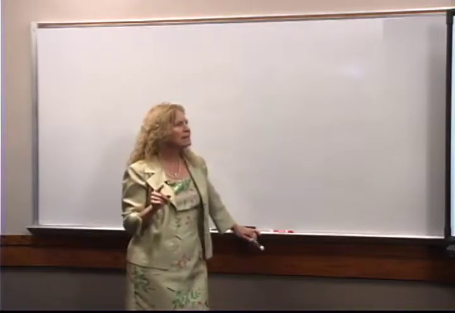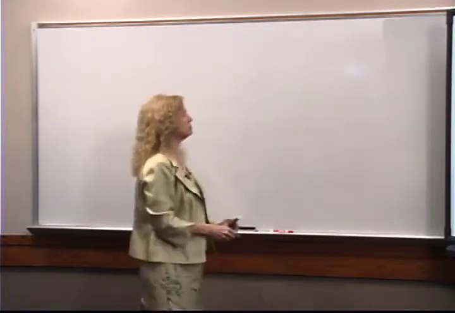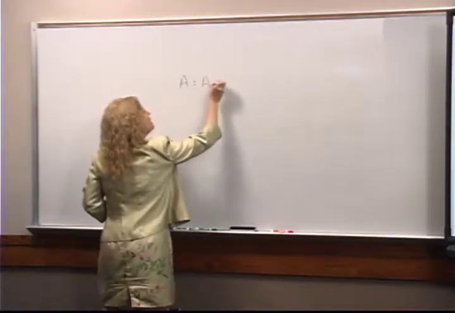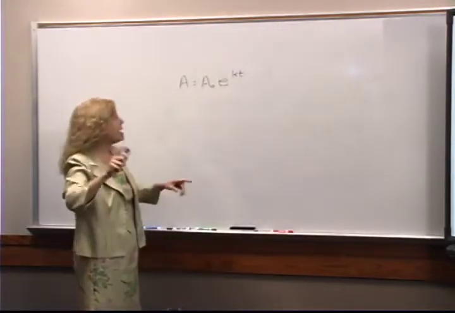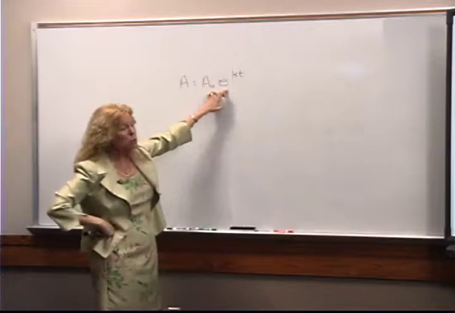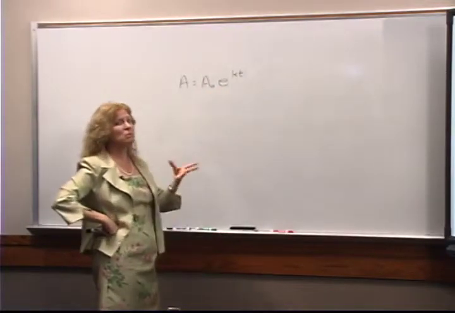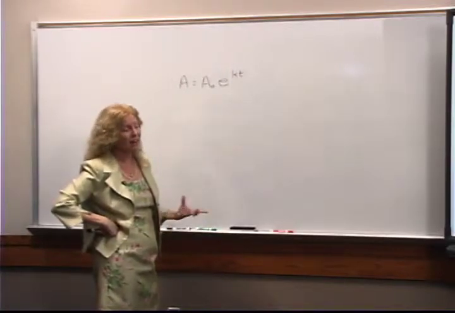Well, the key is that if you think that this is going to be an exponential growth model, then you're going to use A equals A naught e to the kt. By the way, we can technically use any base here we like. You could use a base 2. You could use a base 10. 10 would make more sense than 2 because of our calculators.